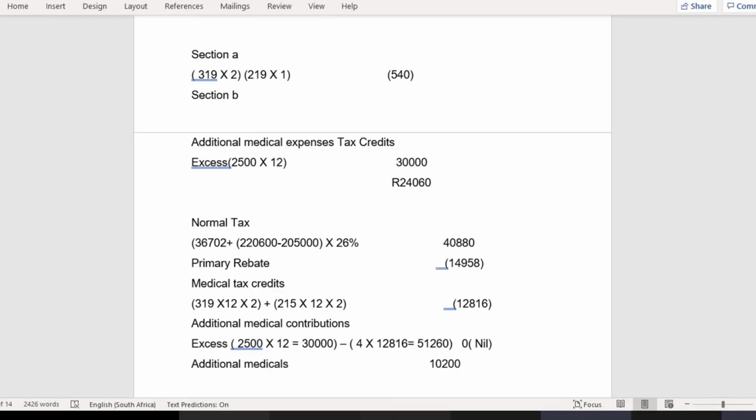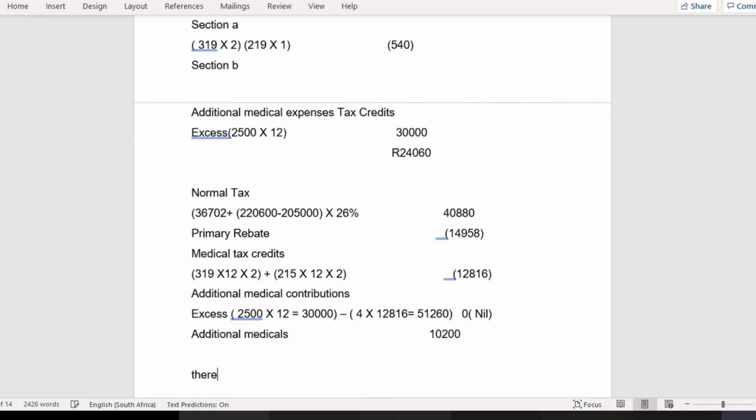Yes, of the taxable income. So basically you will say threshold of 7.5%. Guys, when you do questions, please make sure that you go back and refresh your memory. Multiply by 260,000 rand.